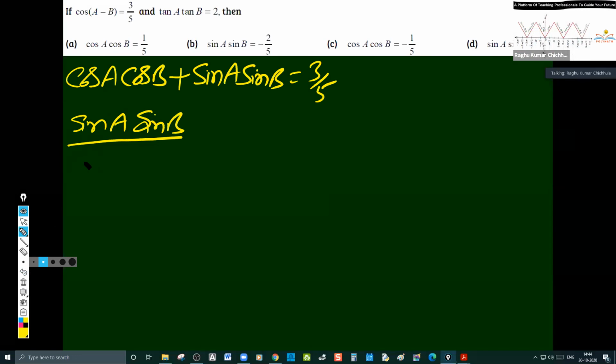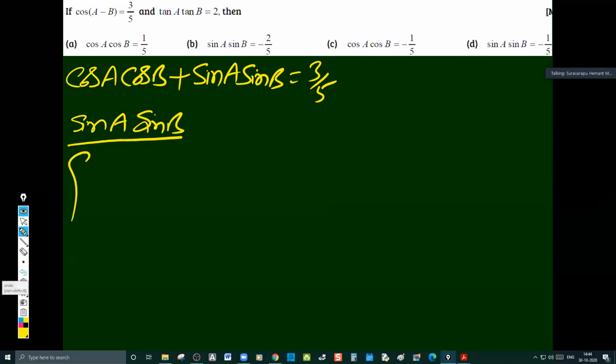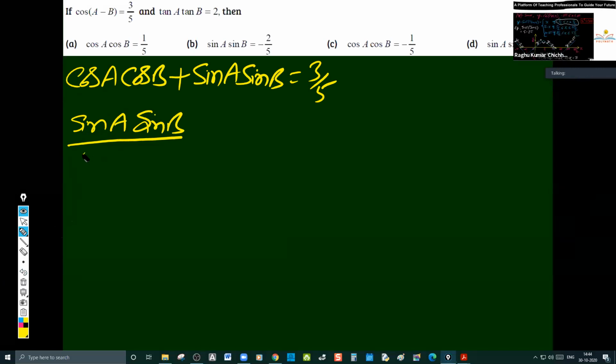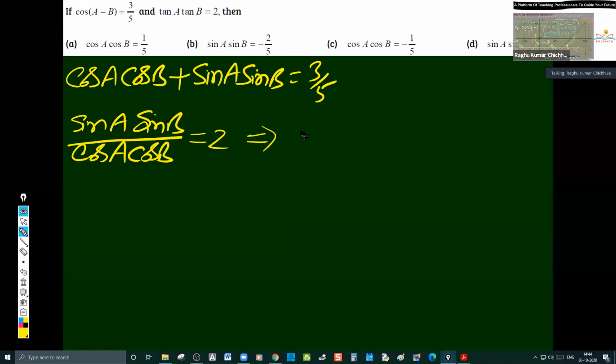I'm converting in terms of sine and cos. This is equal to 2. And thereby I can write sin A sin B as 2 cos A cos B if you cross multiply.